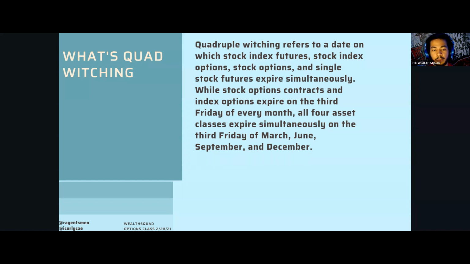Oftentimes you'll see that quad witching starts before the actual day. A lot of times the smart money, the institutions, go ahead and move their money around, especially when they're thinking it's going to be a sector rotation. You start to see that stocks they held high positions in are starting to dip.